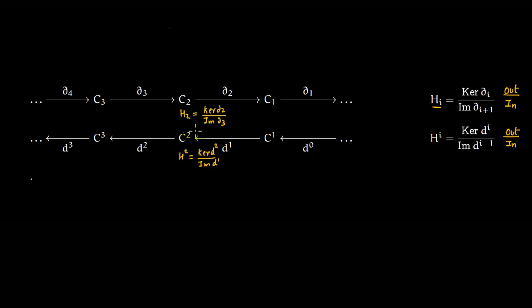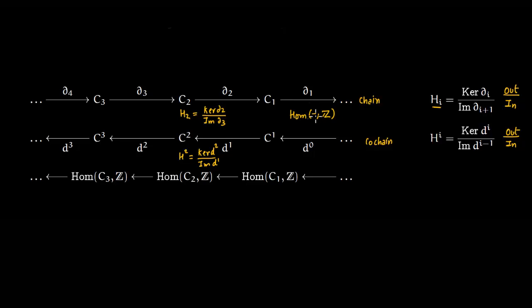So these groups or these modules, this is a co-chain complex. This is obtained from the chain complex here by applying the Hom functor. So you apply this functor Hom(-, integers) to here.